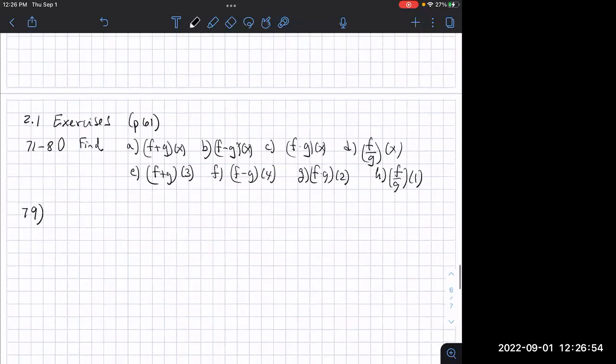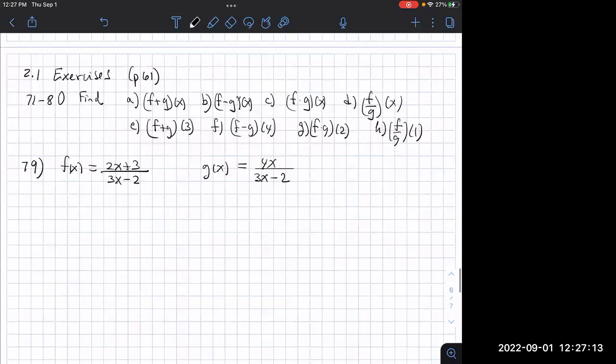Okay, 79, F of x equals (2x plus 3) over (3x minus 2), and G of x is 4x over (3x minus 2). Okay, part A, F plus G of x.